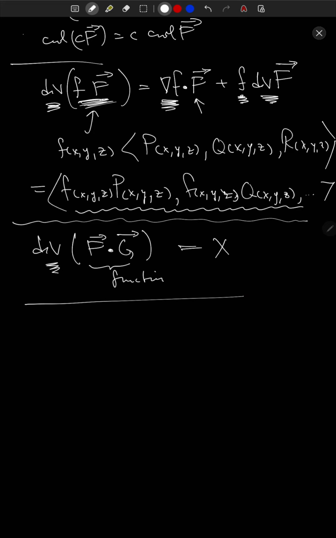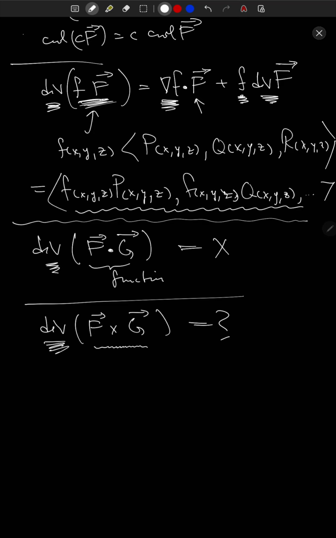Okay. So now you might ask, what's the divergence of f cross g? So this makes sense because f cross g is a vector. If f is a vector field and g is a vector field, then f cross g is a vector field, and you're allowed to take the divergence of that.